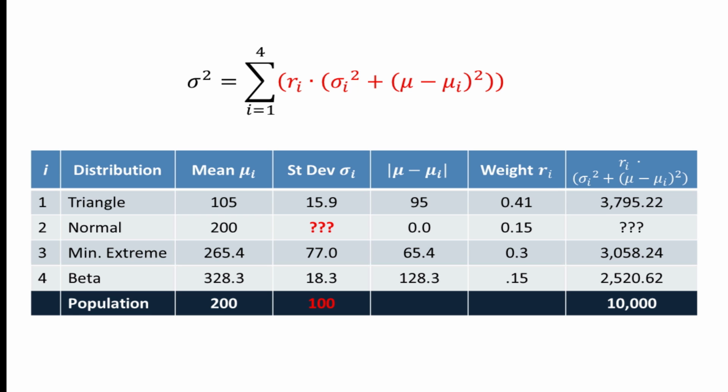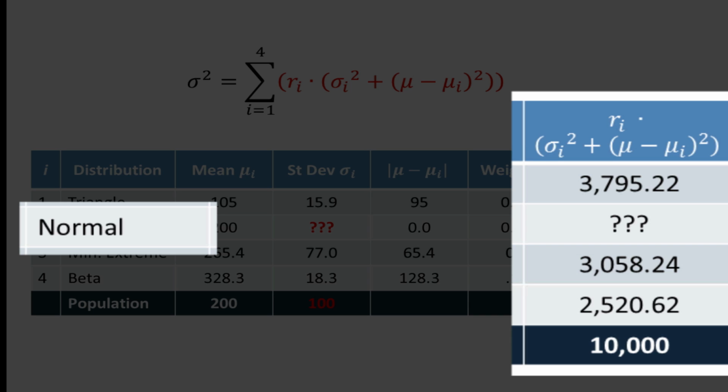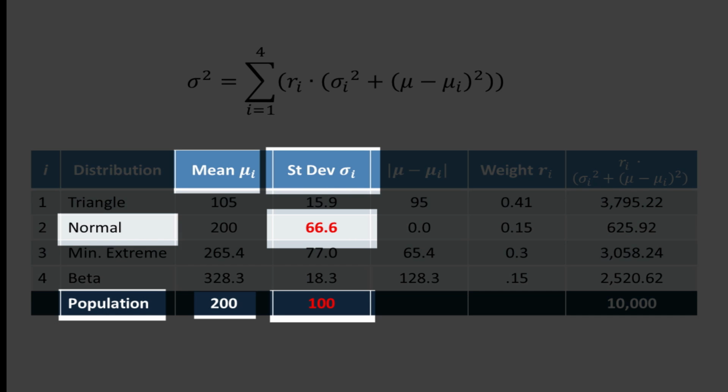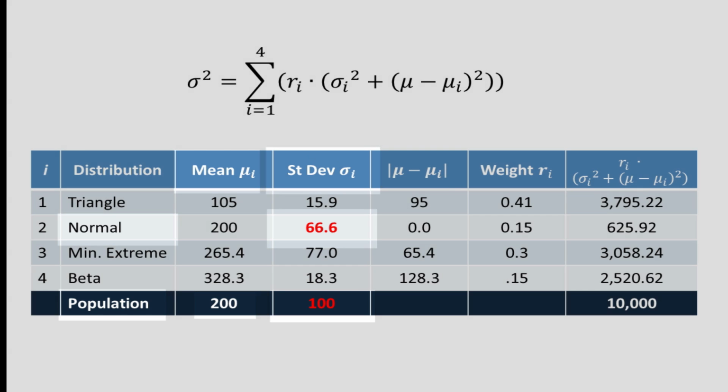Well, that means the variance, sigma squared, has to be 10,000, and that means the right-hand side column has to add up to 10,000, which in turn means the right-hand side value for the normal distribution will be determined to be 625.92, and given that, I can simply determine the standard deviation sigma sub I to be 66.6, which in the end will mean that I have now an overall population distribution with mean 200 and standard deviation 100.